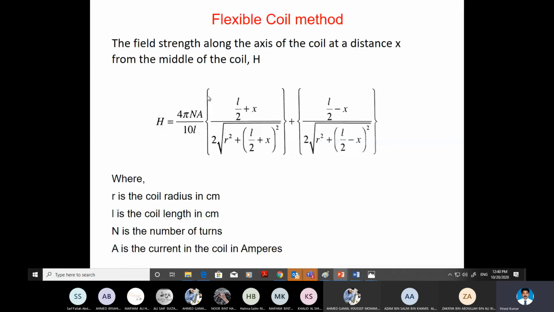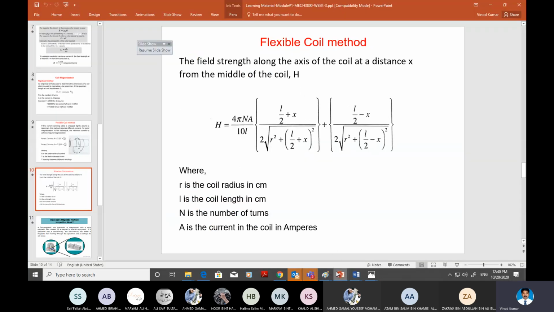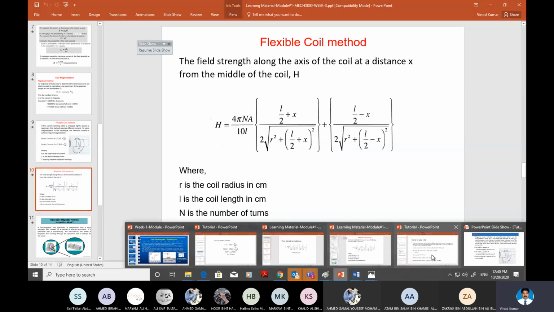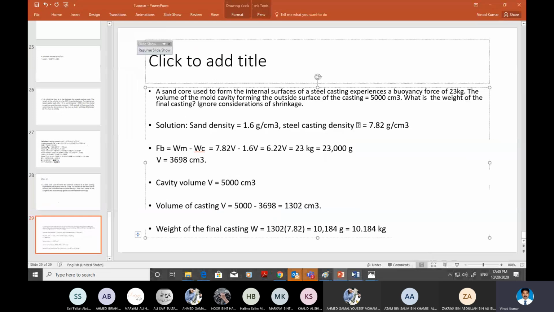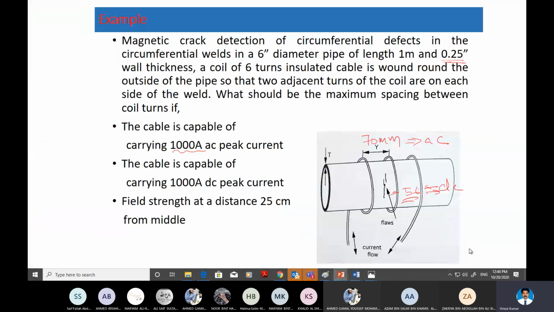If you come here, if you want to find H, this is another empirical equation. R is in centimeters, L is in centimeters, N is the number of turns, A is in amperes. This is critical, as I explained before. These equations are not derived directly from any specific law.